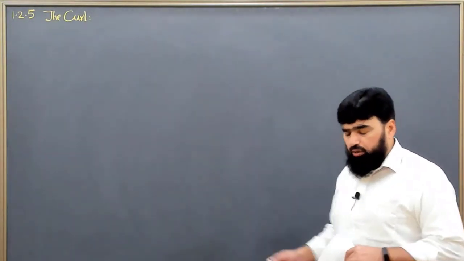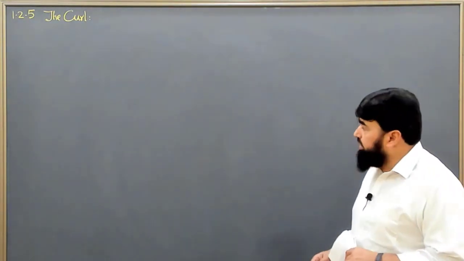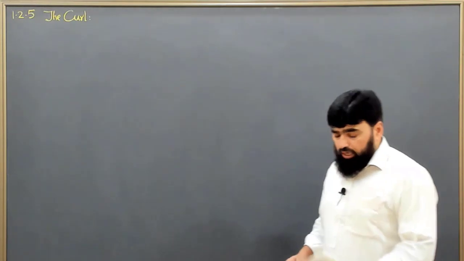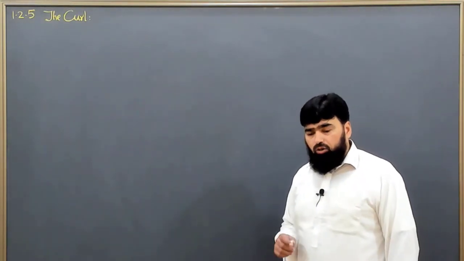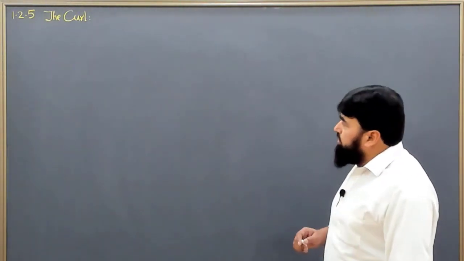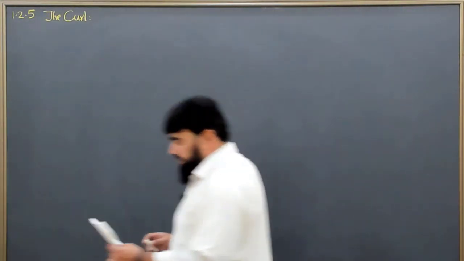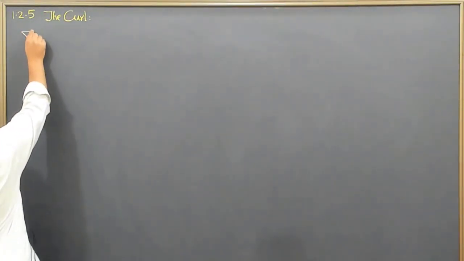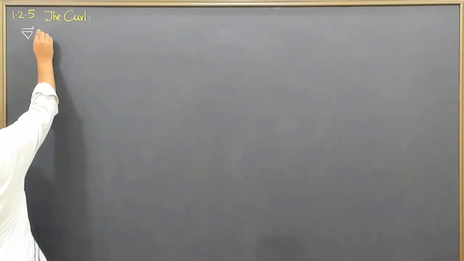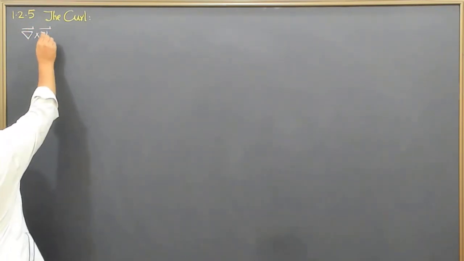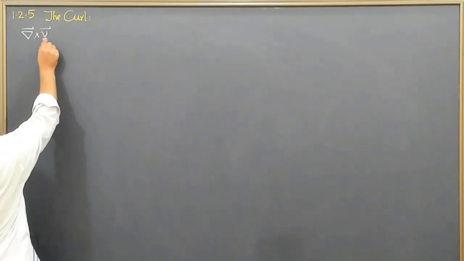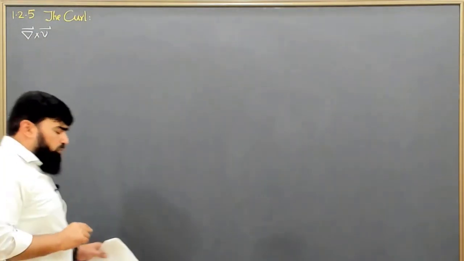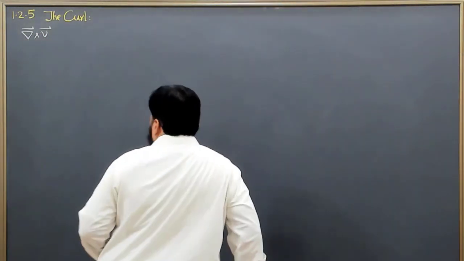Some will curl more, some will curl less, and the curl is a vector quantity because the curl is always taken of a vector quantity, and as it is a cross product, this tells us that the result will be a vector quantity.